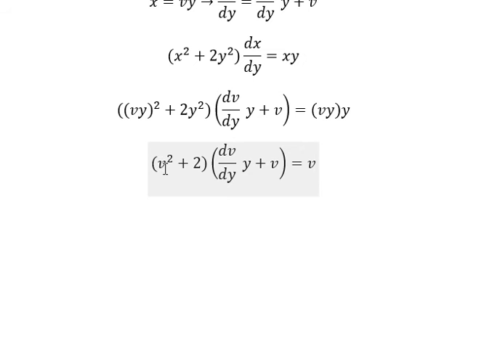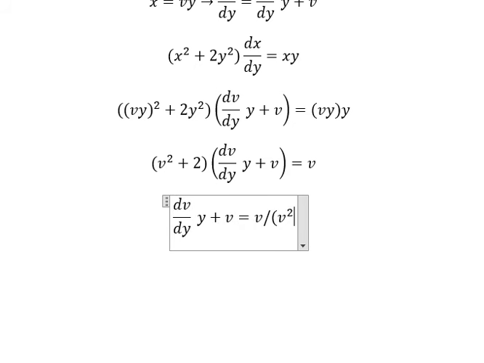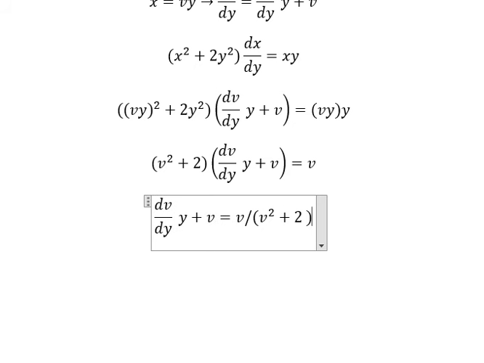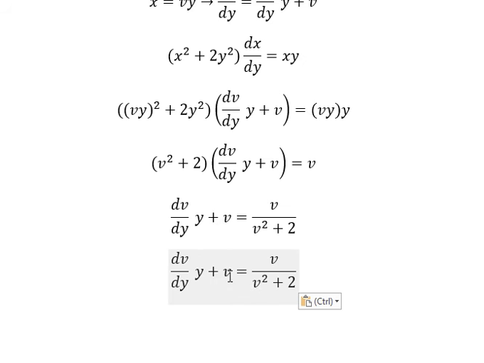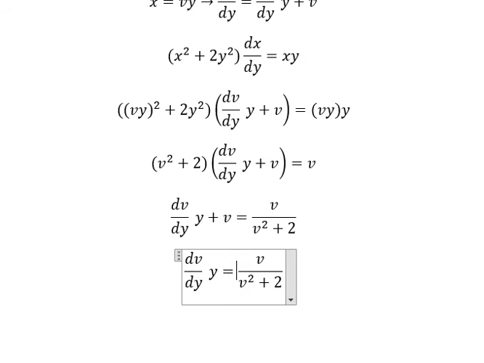Next, we divide both sides by v squared plus 2. Next, I will put v to the right.